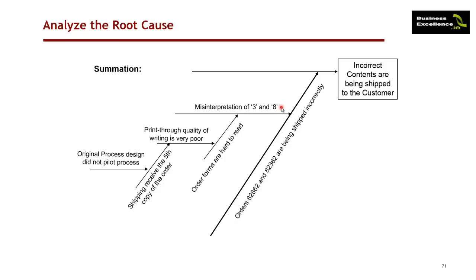This is being caused because people have a difficulty interpreting a 3 and an 8. This happens because the order forms are difficult to read. This happens because the print-through quality is very poor. This happens specifically because shipping received the 5th copy of the order form. This happened originally because the original process design did not pilot the process.